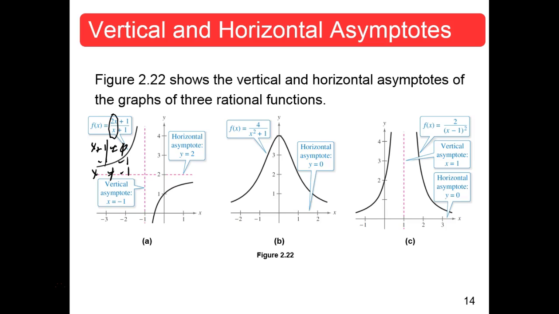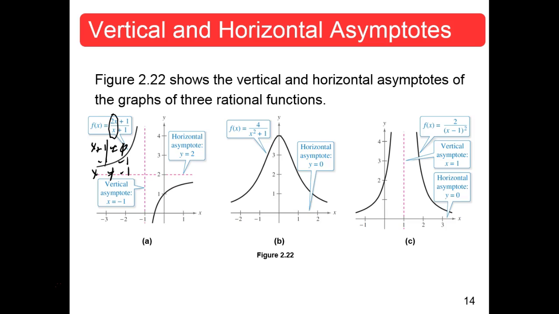There's your horizontal asymptote: y equals 2. The ratio of the leading terms determines what your horizontal asymptote is. For your vertical asymptote, your denominator can't be 0. Figure out what values of x would make that 0. That's what you have to disallow. For your horizontal asymptote, look at the ratio of the leading terms, and that will guide you to where it's going to be, if you do have a horizontal asymptote.